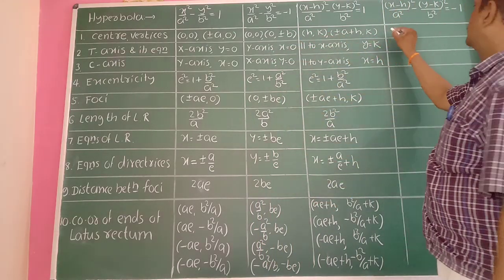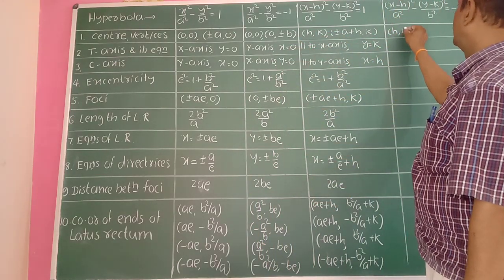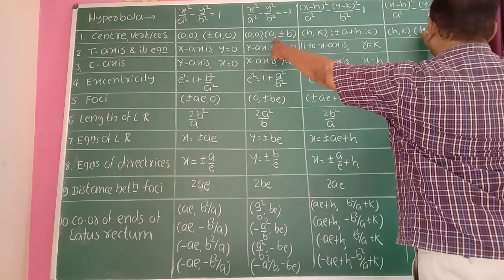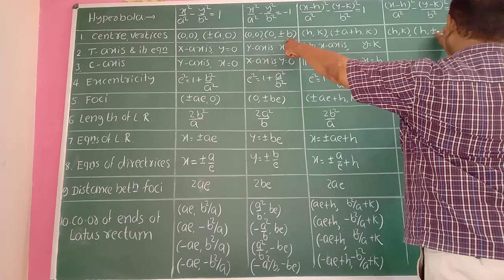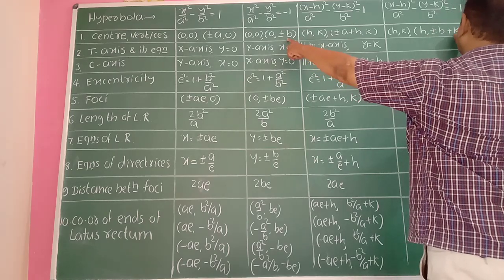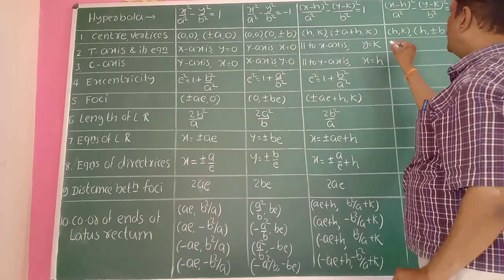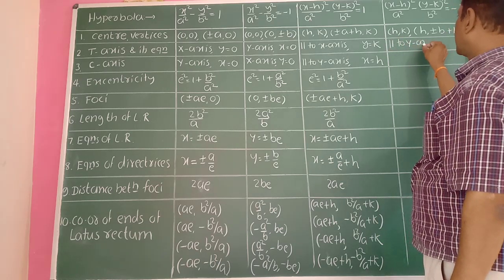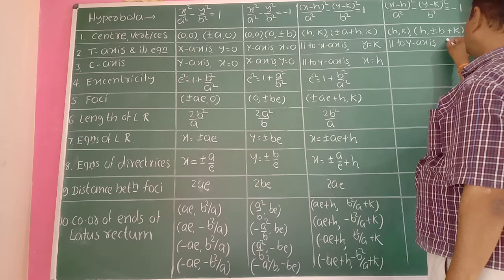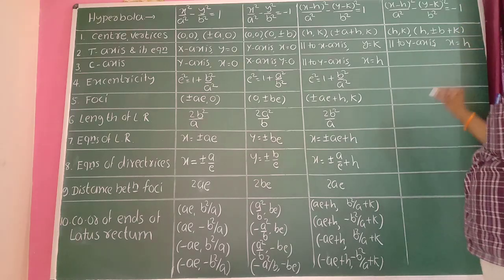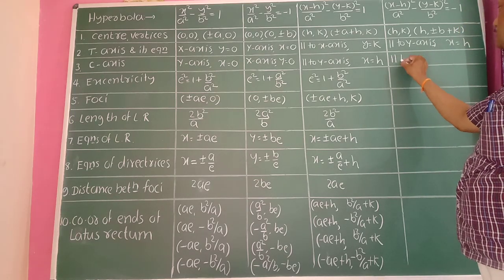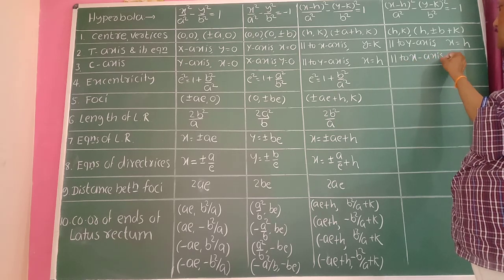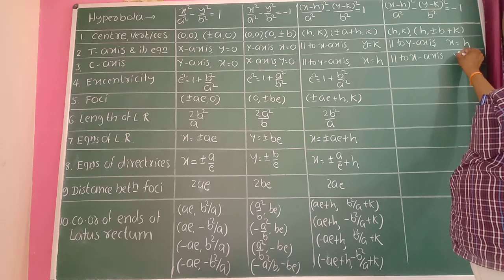So the center is h comma k, and the vertices are h comma plus or minus b plus k, and the transverse axis is parallel to the y axis, and its equation is x is equal to h, and the conjugate axis is parallel to the x axis, and its equation is y is equal to k.